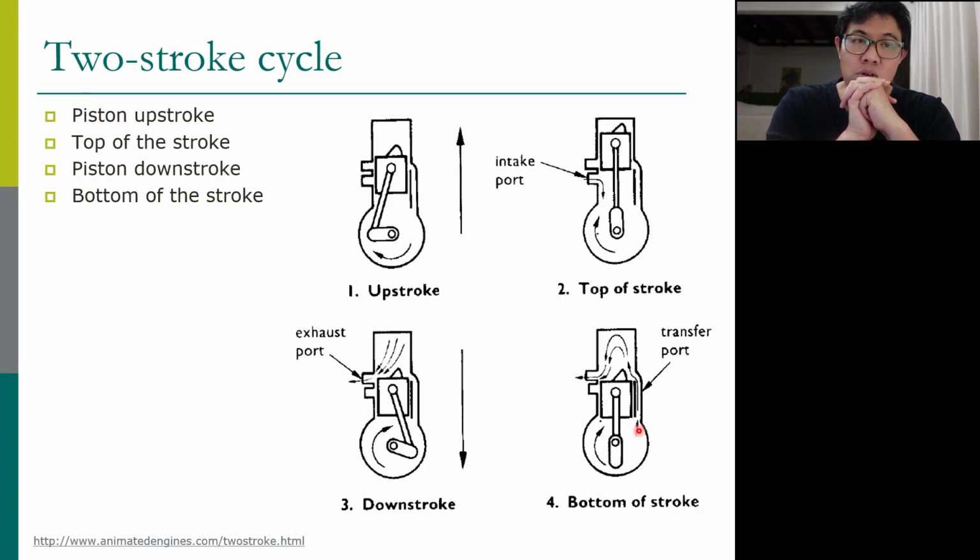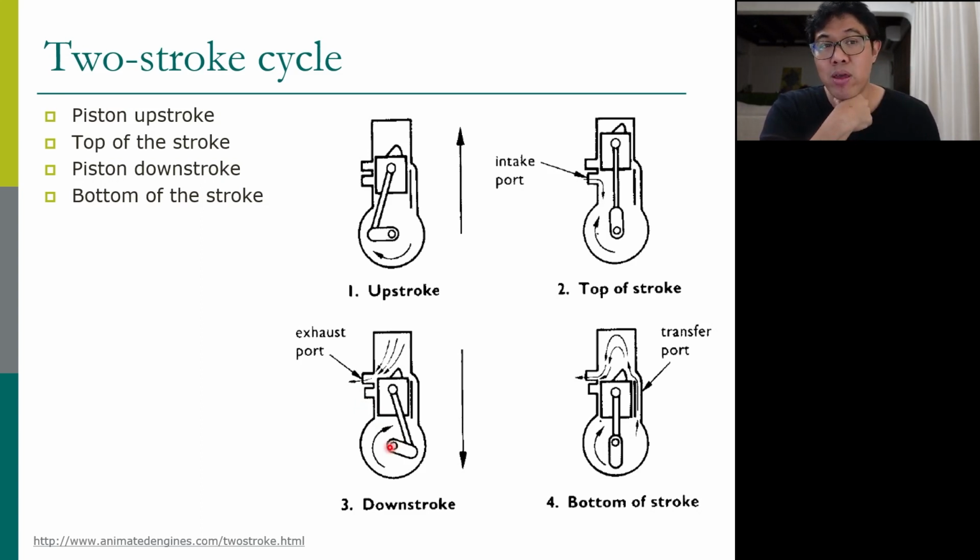When you use two-stroke, the first thing is that you have to put some lubricating oil in your fuel tank, because that oil has to lubricate the crankshaft. Because fuel and air go into the crankcase, we have to put lubricating oil there.